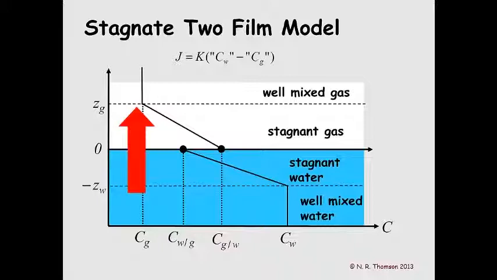And that mass transfer, big J, equals K, some mass transfer coefficient, multiplied by the difference between the aqueous phase concentration and the gas phase concentration. Note that I've got them in quotes because they are not in the same phases.